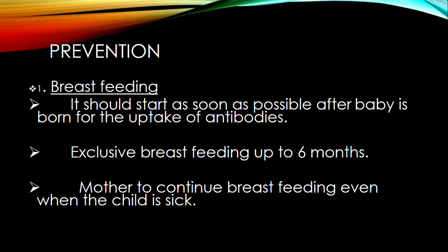We are going to educate the mothers that breastfeeding should start as early as the baby is born, in order for them to take in antibodies that are required. Then the child should be breastfed exclusively for 6 months. This should be done. Then the mother should continue breastfeeding even when the child is sick. So the mother should continue to breastfeed.